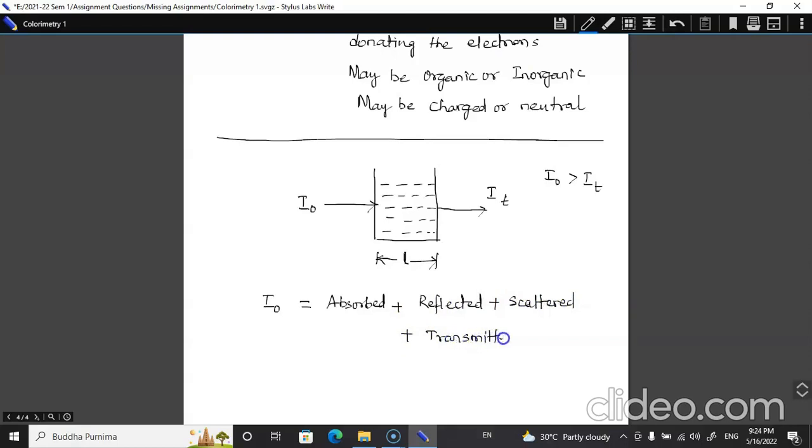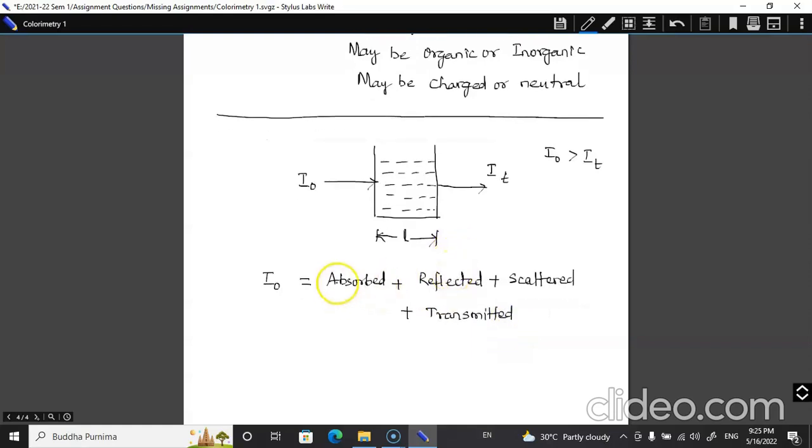These four phenomena take place whenever light is incident. So the intensity of incident light is equal to the intensity of absorption, reflection, scattering, and transmission.